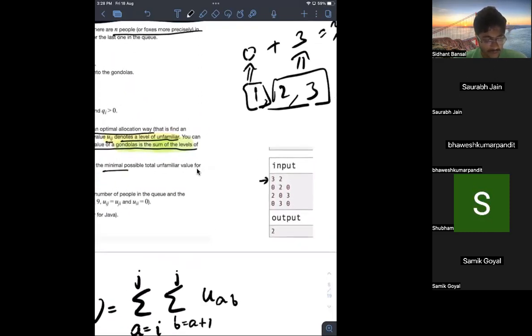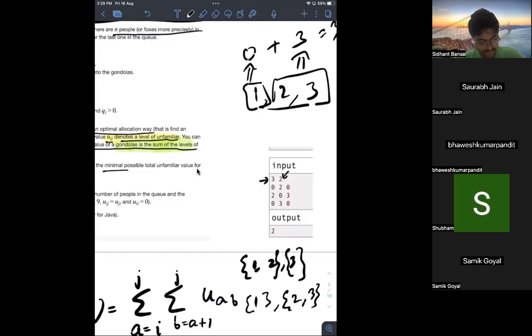You have 3 people and 2 gondolas, and this is your matrix. So you have 1, 2, and 3. You could group them as 1 and 2 in one group and 3 in the other group, or you can group them as 1 in one group and 2 and 3 in the other group. You'll find that the first option is better because in this portion versus this portion, your sum is only 2.